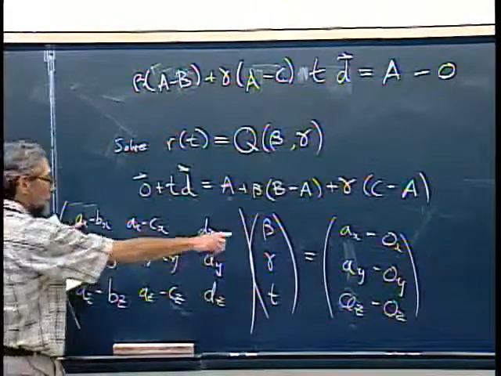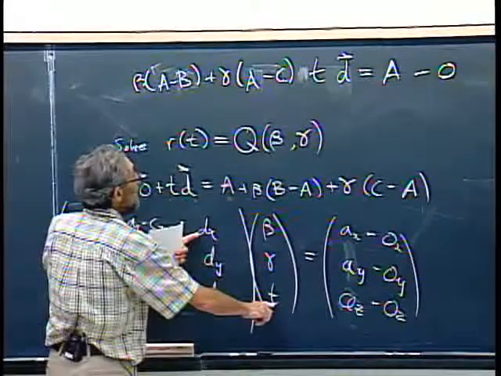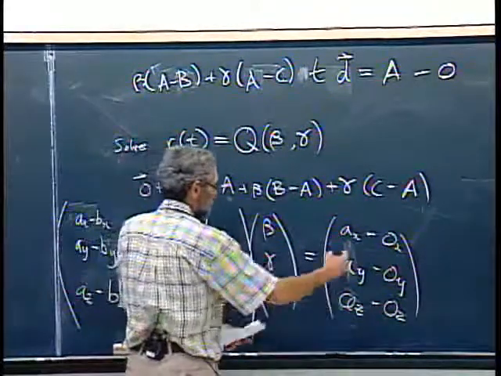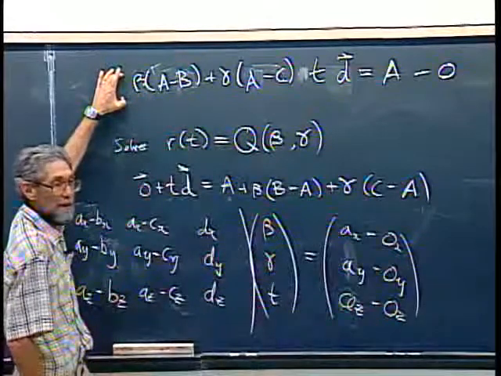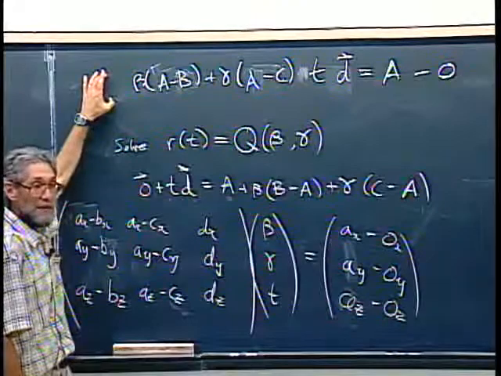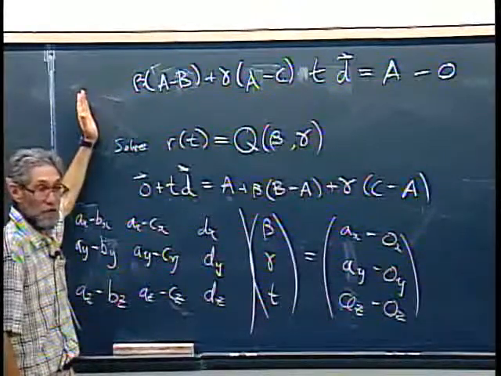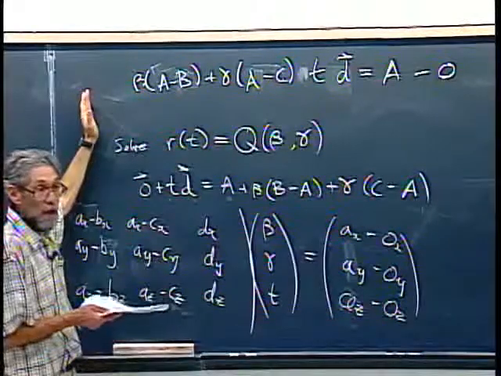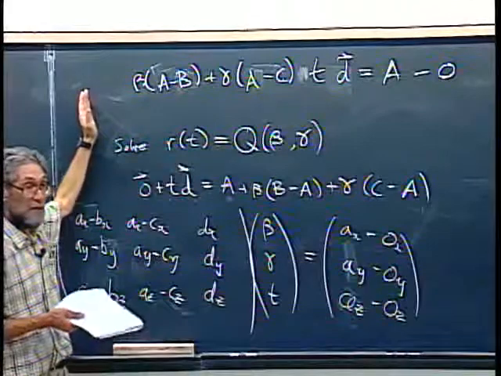This times this plus this times this plus that times that equals this, which is the x component of this equation. So we get three equations and three unknowns, and what the book suggests, which I Xeroxed for you, is just use Cramer's rule, an explicit formula written in there. You could just copy it.